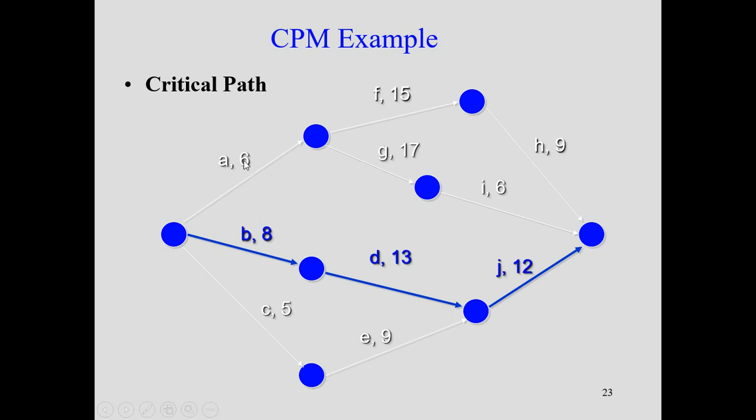And if you look at the other activities, these are non-critical, which means that these activities can be delayed by an amount called float without affecting the total project duration. So in this particular network, we can see that there is only one critical path, and that critical path is formed by B, D and J.